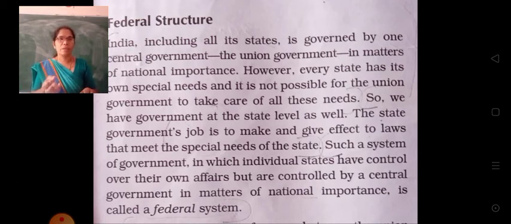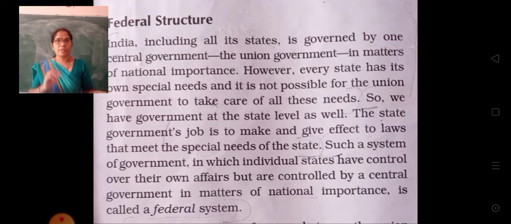It was formed by a constituent assembly with more than 300 members, and on January 26, 1950, our constitution came into force. Now let us see some of its features.